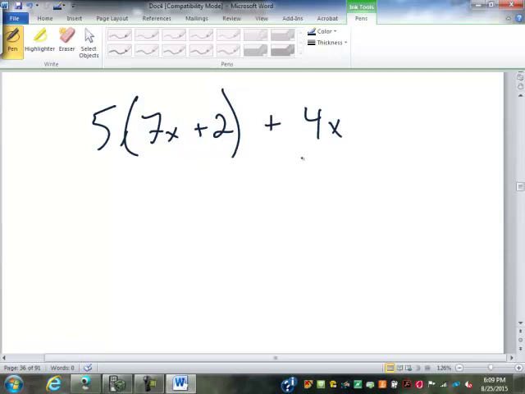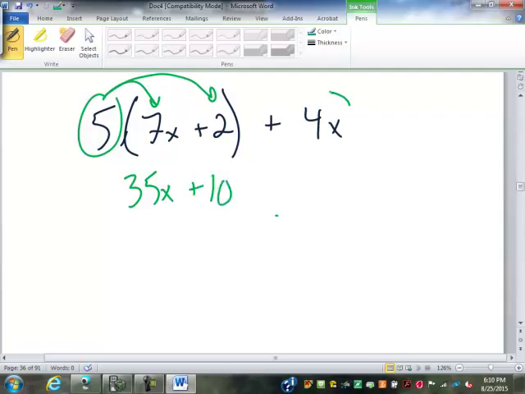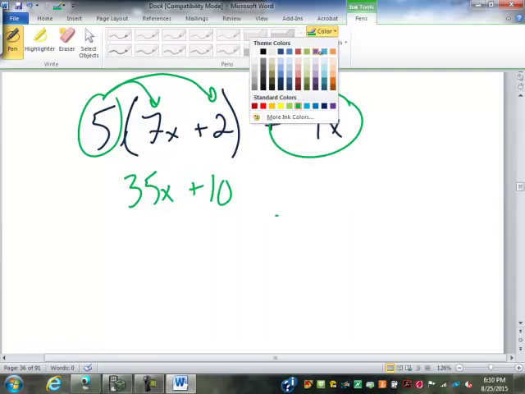I'm going to have you try this one in your seat. So where would we start? Perfect. So 5 times 7x, 35x. 5 times 2 is 10. Careful, not distribute.